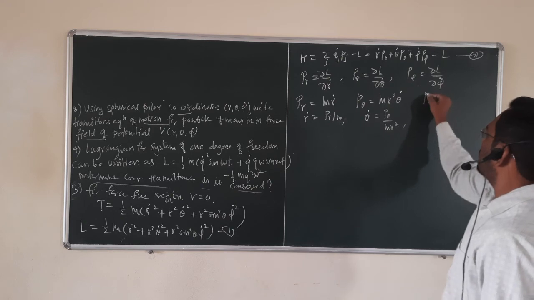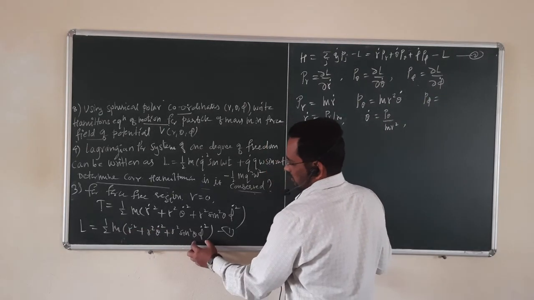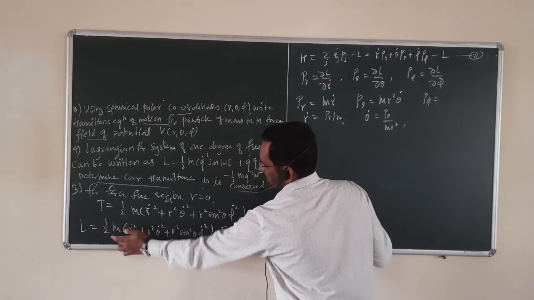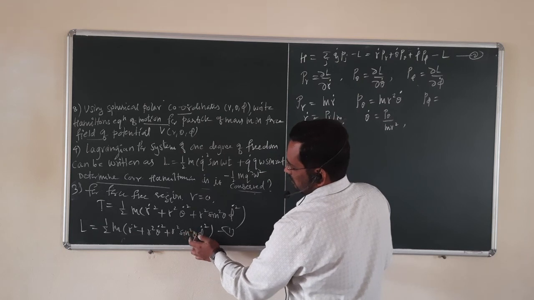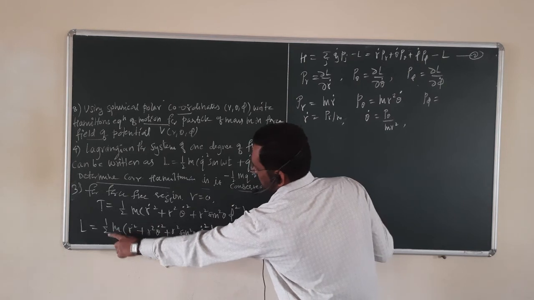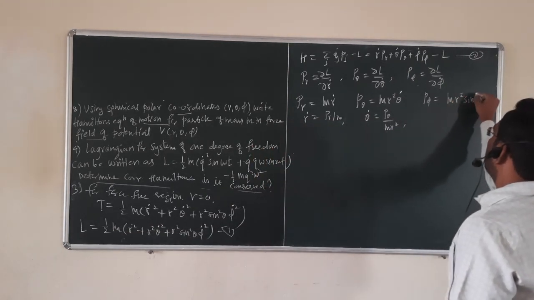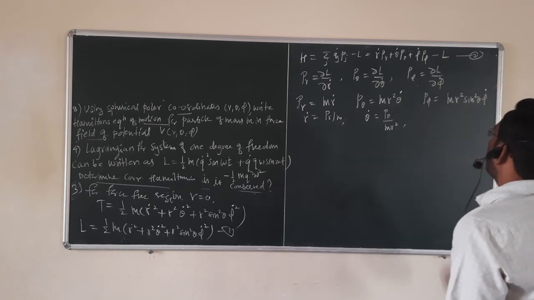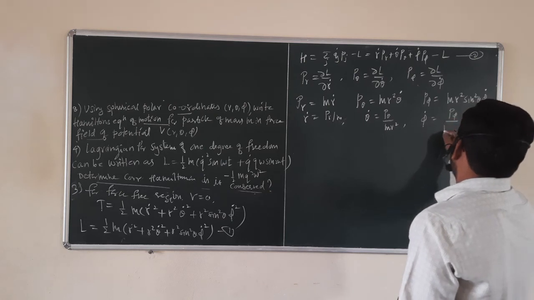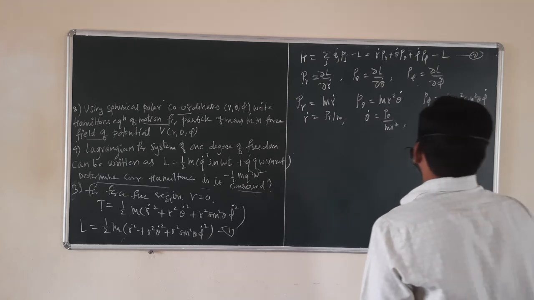Similarly, P phi is the partial derivative of Lagrangian with respect to phi dot. If you take the derivative of this term with respect to phi dot, that becomes 1/2 m r square sine square theta into 2 phi dot. That 2 will cancel and we get m r square sine square theta phi dot. So phi dot is P phi divided by m r square sine square theta.